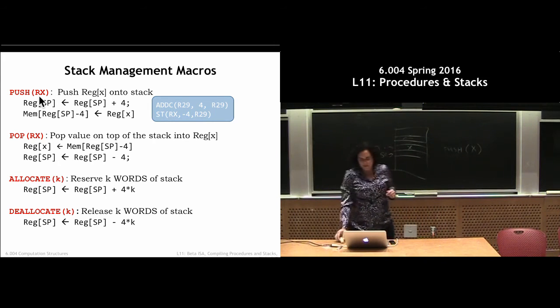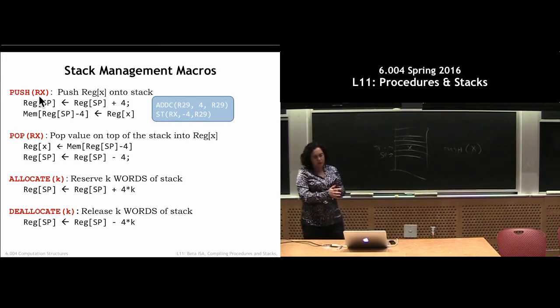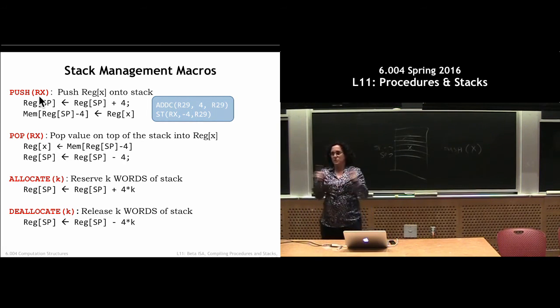We can achieve that because the stack pointer is just register R29. What we want to do is add 4 to R29, because we're dealing with 4 bytes every time we have a word. In order to move the stack pointer down to here, we're simply incrementing it by 4.